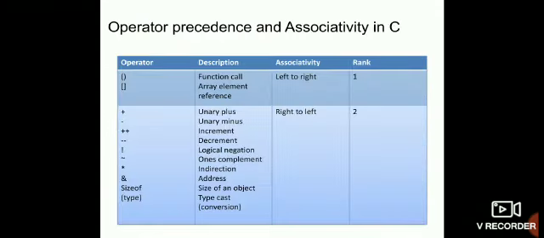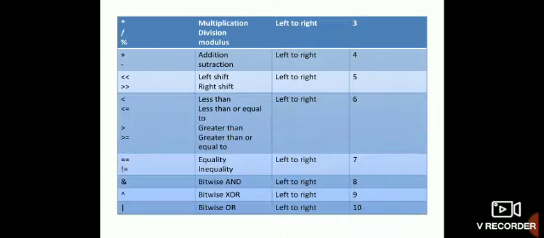Now let's have a look at operator precedence and associativity in C. The first preference, rank 1, is given to function call and array element reference, and its associativity is from left to right. The next is unary plus, unary minus, increment, decrement, logical negation, one's complement, indirection, address, size of an object, and typecast, and the associativity is right to left, and the rank is 2.